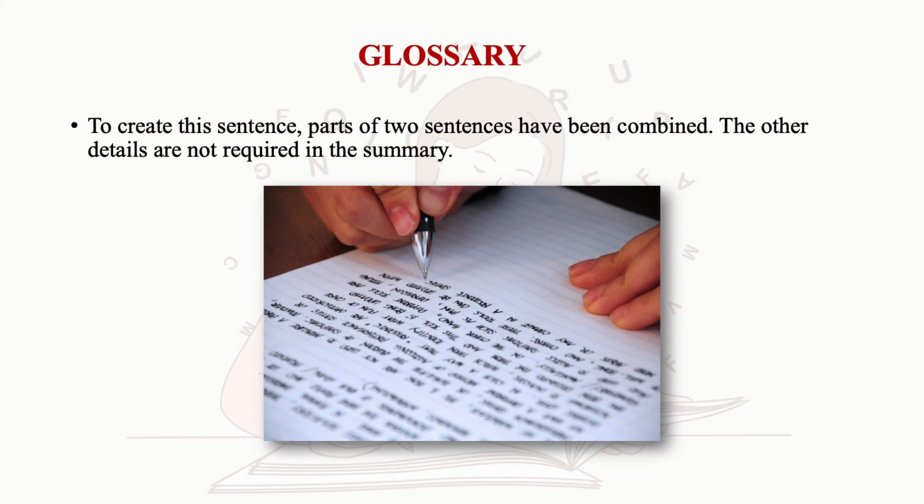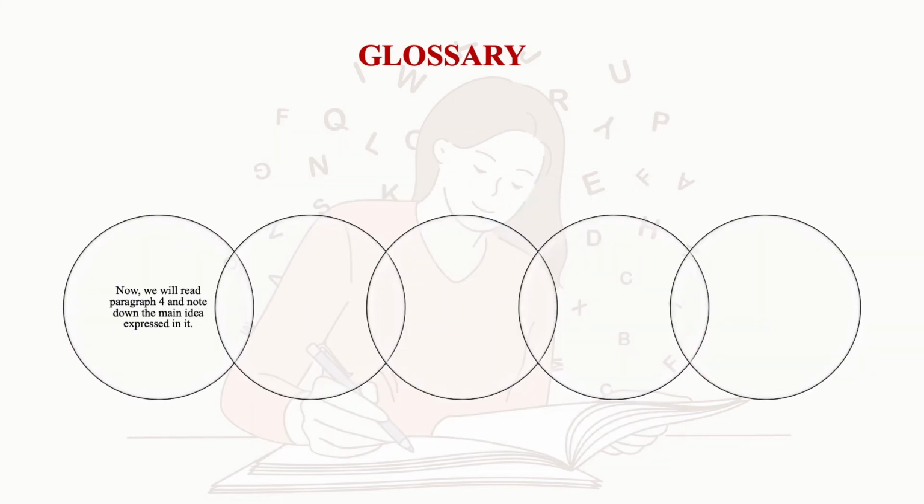Now we will read paragraph 4 and note down the main idea expressed in it. We should not get confused by the details. We need to find the general point.